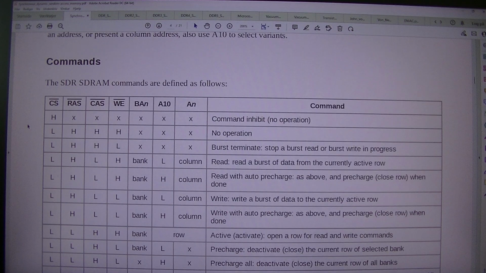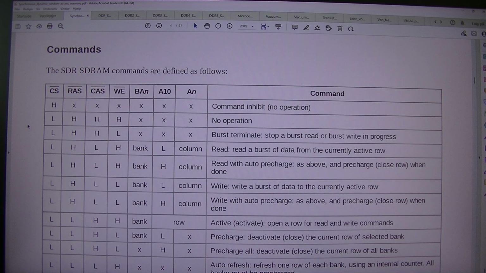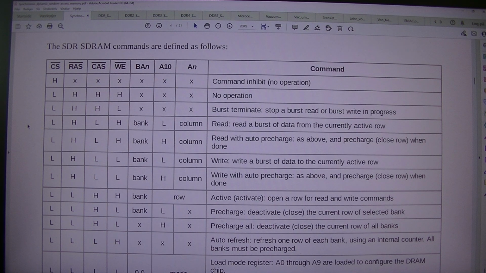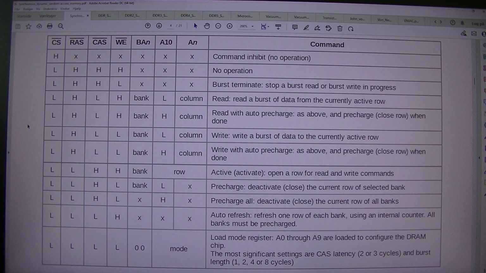The SDR's DRAM commands are defined as follows: command inhibit, no operation; no operation; burst terminate, stop a burst read or burst write in progress; bank column read, read a burst of data from the currently active row; bank column read with auto pre-charge, as above, and pre-charge, close row; bank column write, write a burst of data to the currently active row; bank column write with auto pre-charge, as above, and pre-charge, close row.